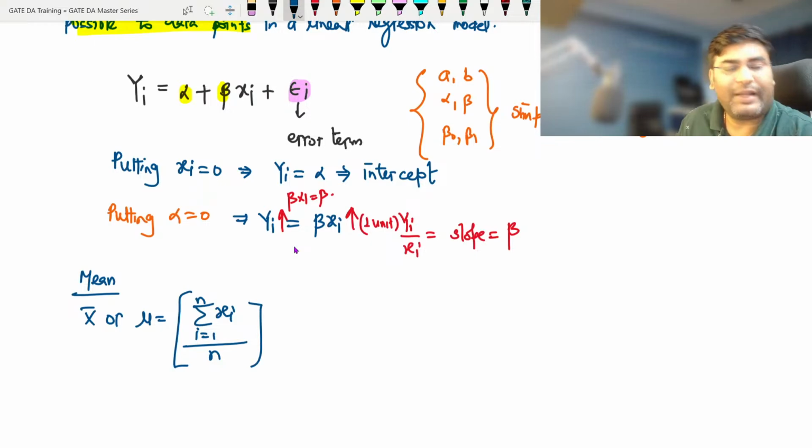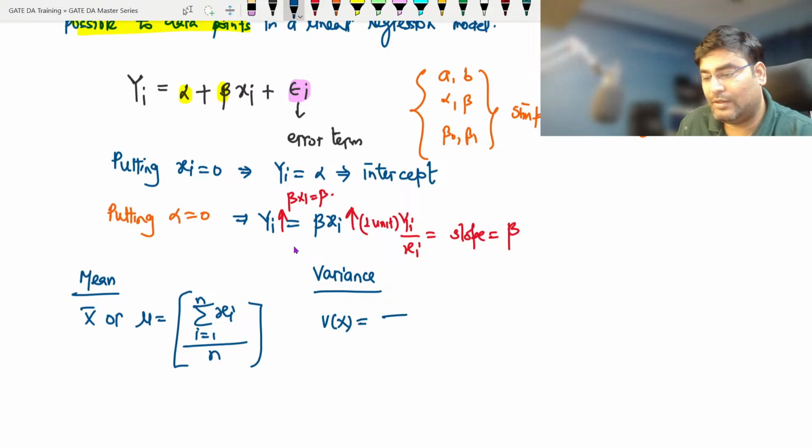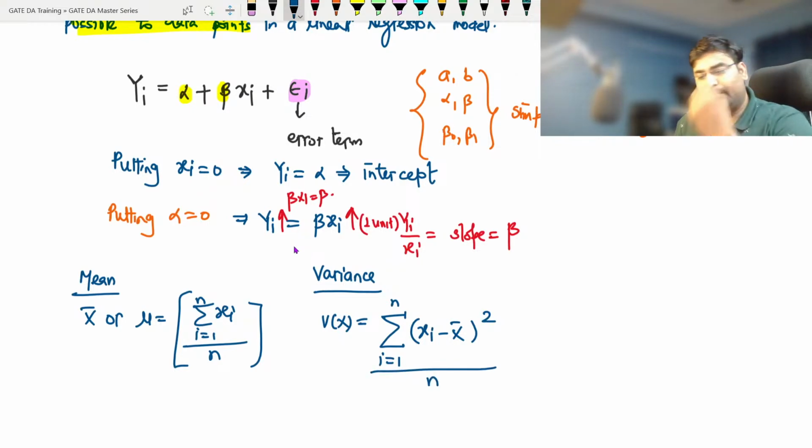Okay. And then we can also use variance. So what is variance? V of x is equal to the squared deviation. You will take the mean, subtract it from xi, for i equal to 1 to n, take the sum of squares of deviation from the mean, and divide by n.